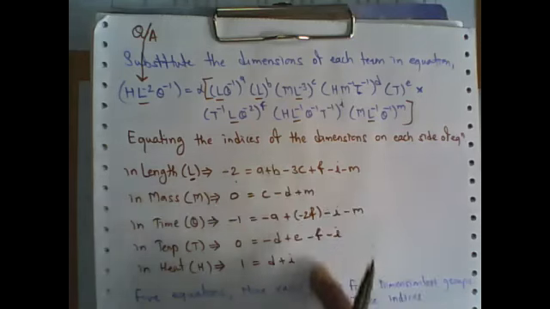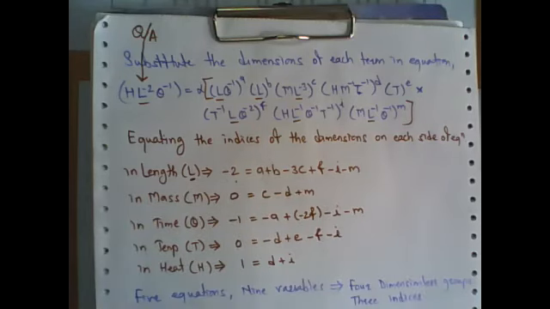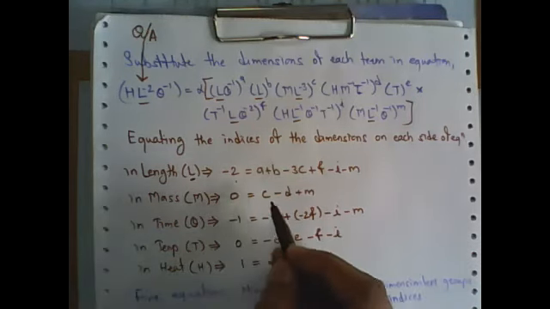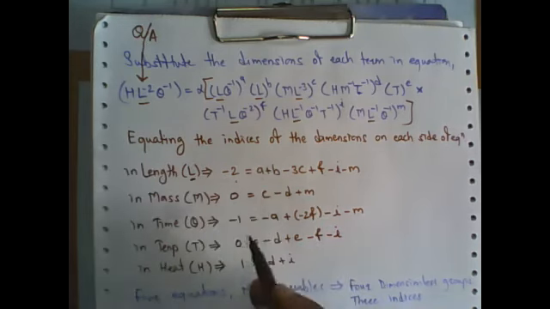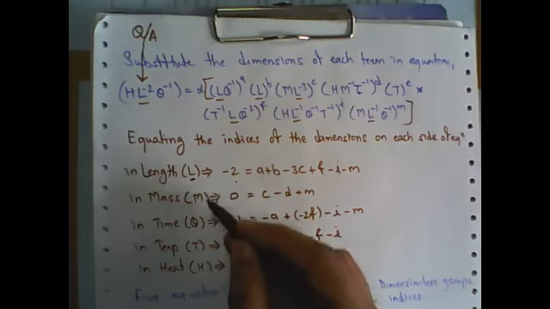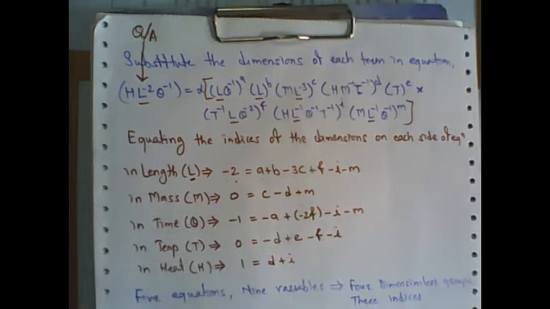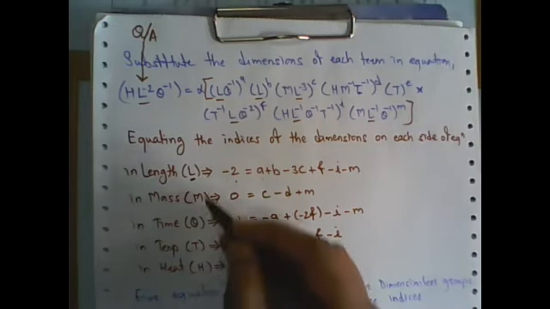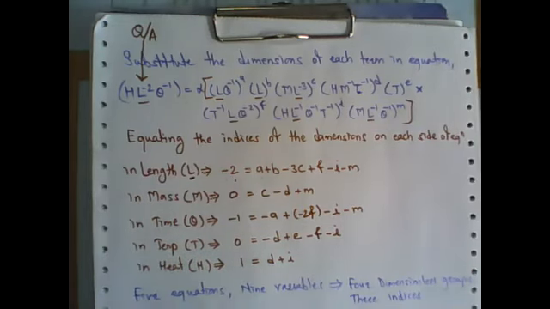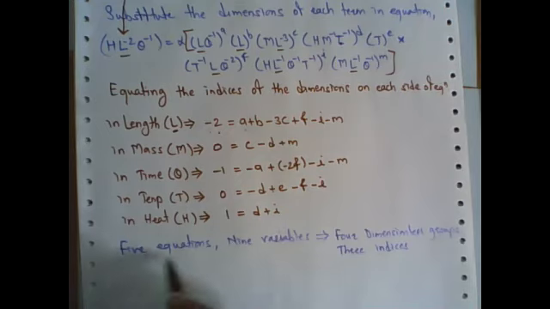So these are the equations where we have put the indices of LHS and RHS for length, mass, time, temperature, and heat. So these are the 5 equations, with 9 variables.